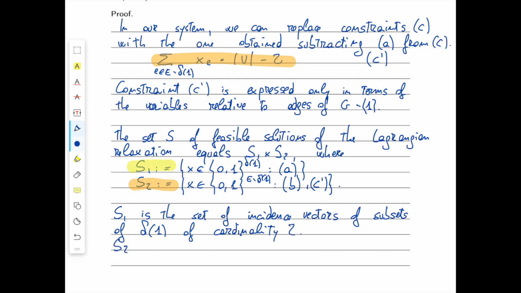And S2 is the set of incidence vectors of spanning trees in G minus 1, which is exactly our definition of one tree, and so this concludes our proof.